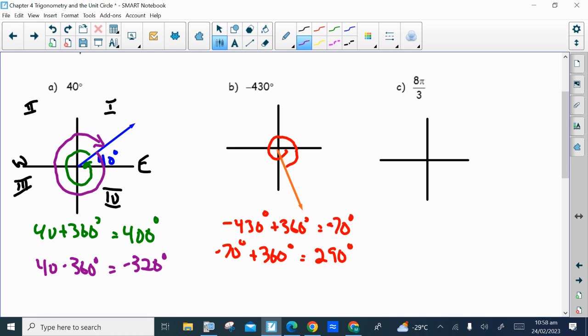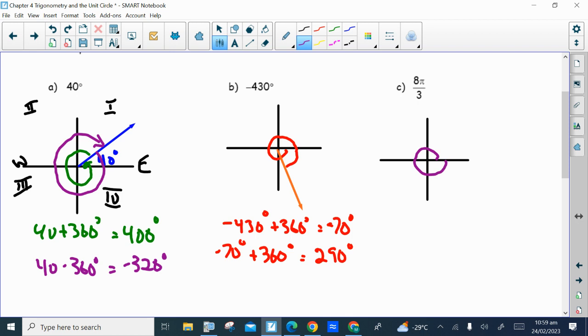To do this one, you need to remember that once around the circle is 2 pi radians. That would be the same as 6 pi on 3s, because 6 divided by 3 would give you the 2. So 2 pi radians would be the same as 6 pi on 3. So once around the circle would be 6 pi on 3.